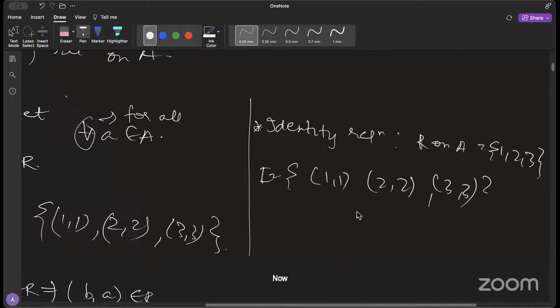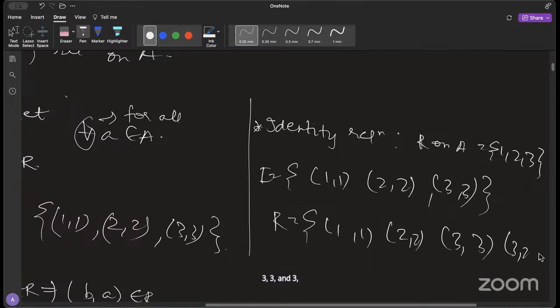Now, is an identity relation a reflexive relation? Yes. Is every reflexive relation an identity relation? No. This is an identity relation. Now look at this relation: (1,1), (2,2), (3,3), and (3,2). Now this is a reflexive relation, but it's not an identity relation. That's the difference. This is reflexive.